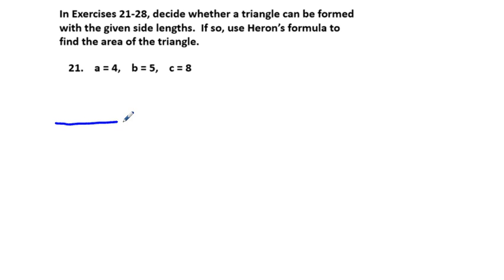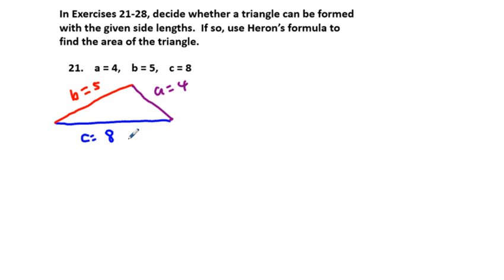Okay, we have side C, which is 8. So C equals 8. And we have side B, which is 5. So we'll say B equals 5. And we have side A, which is 4.